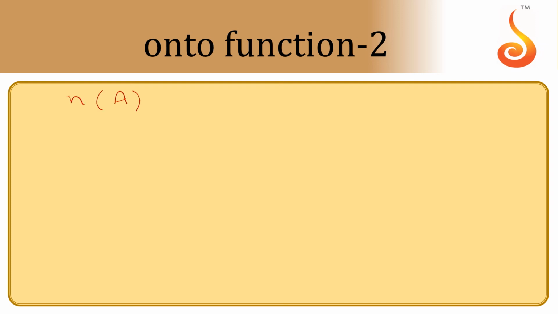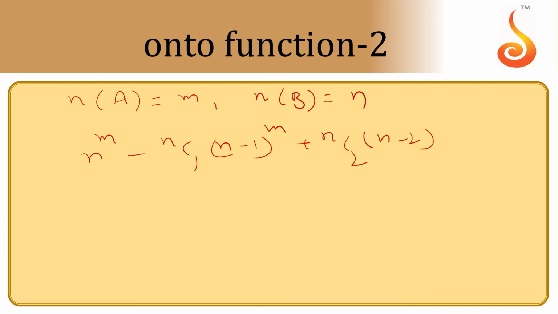Suppose n of A is m, n of B is n, the number of onto functions will be n to the power m minus nC1 into (n minus 1) whole power m plus nC2 into (n minus 2) whole power m minus, and so on.